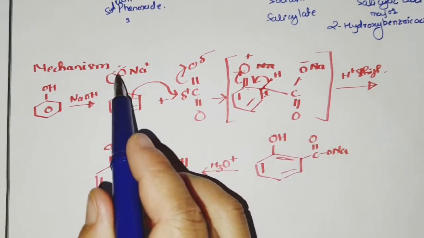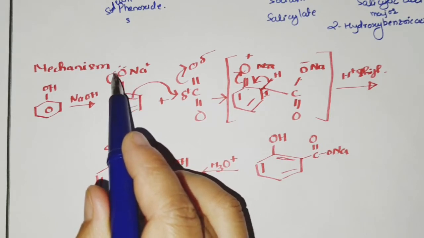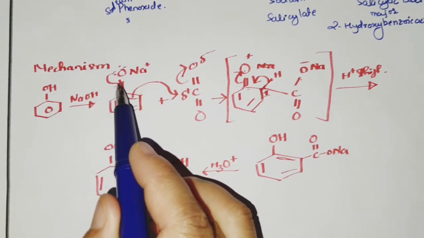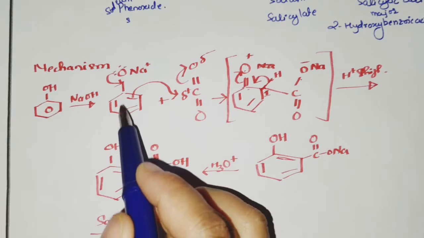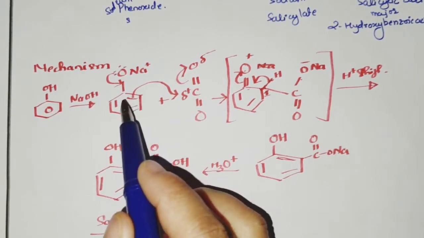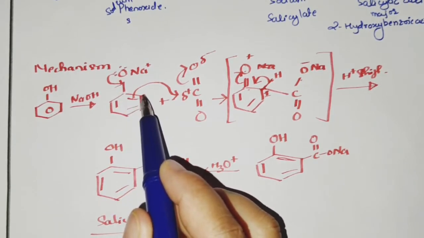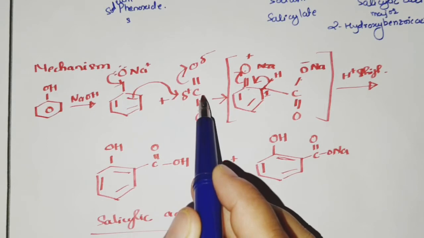Now the oxygen has a lone pair, so it pushes its electrons towards the benzene ring, increasing the negativeness. Then the ortho carbon will form a bond with this carbon dioxide.